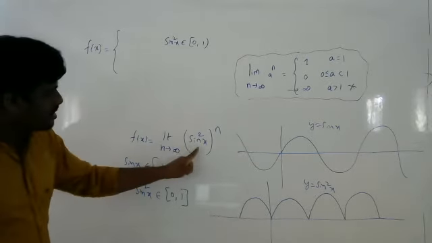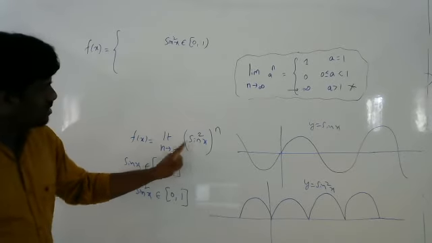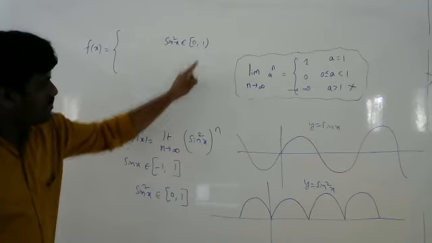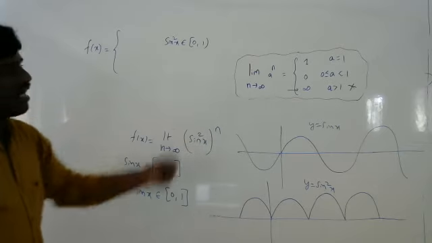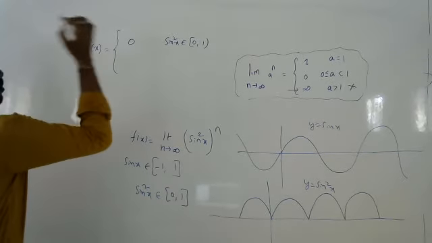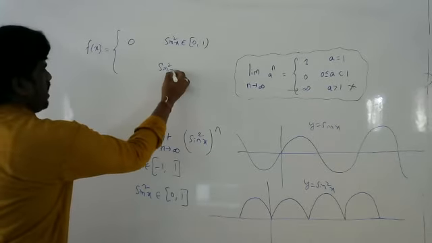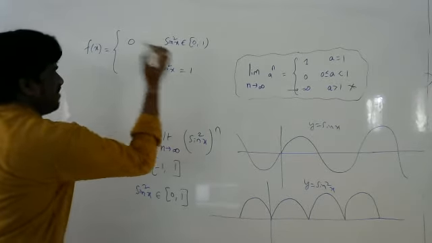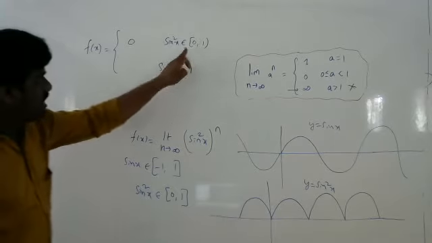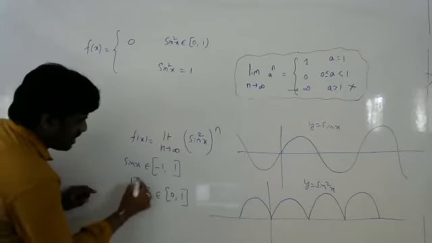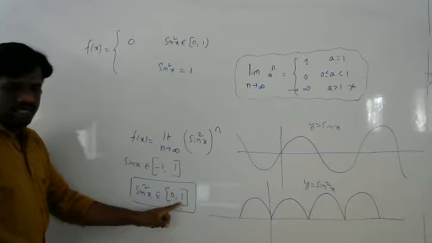Then if I take sin square x in the closed interval 0 comma 1 and raise the power, I get the answer 0. If I take sin square x exactly equal to 1... see here, my sin square x range is 0 to 1 closed.